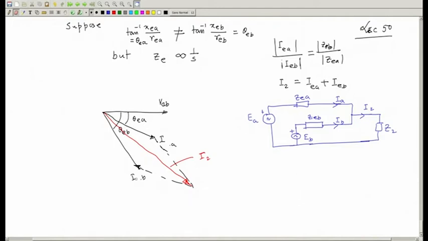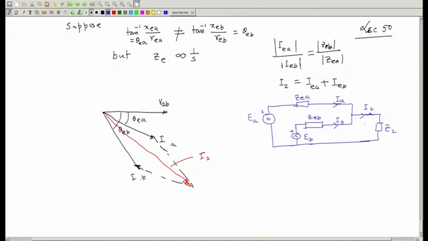Now, in numbers, for the given example, suppose the output load current I2 is 30 ampere.